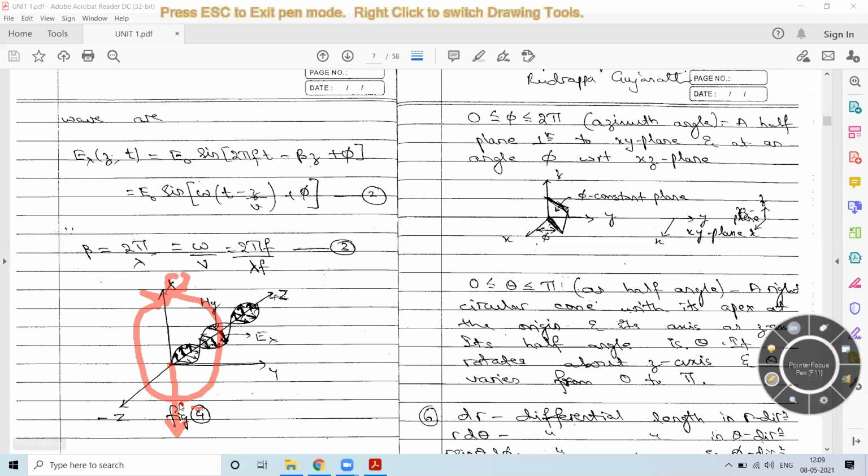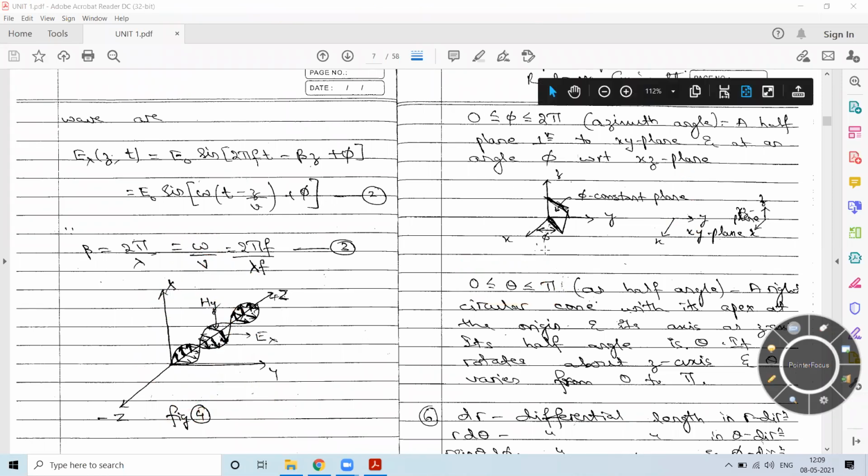So this elevation angle theta will range from 0 degrees to 180 degrees. Therefore, the range of theta is 0 to pi or 0 to 180 degrees. These are a few parameters we should know when dealing with the antenna, as they are required in the forthcoming sessions.